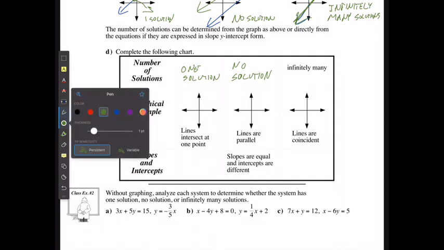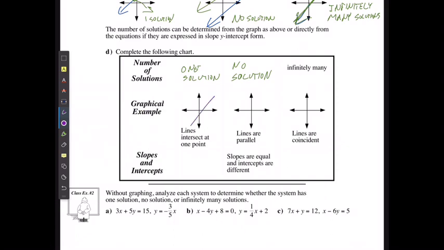For one solution, I just need two lines that are going to cross once. For no solution, I just need two parallel lines. And for infinitely many, I'm going to say that there are two overlapping lines, which we call coincident. Coincident is a way of saying that they overlap each other.